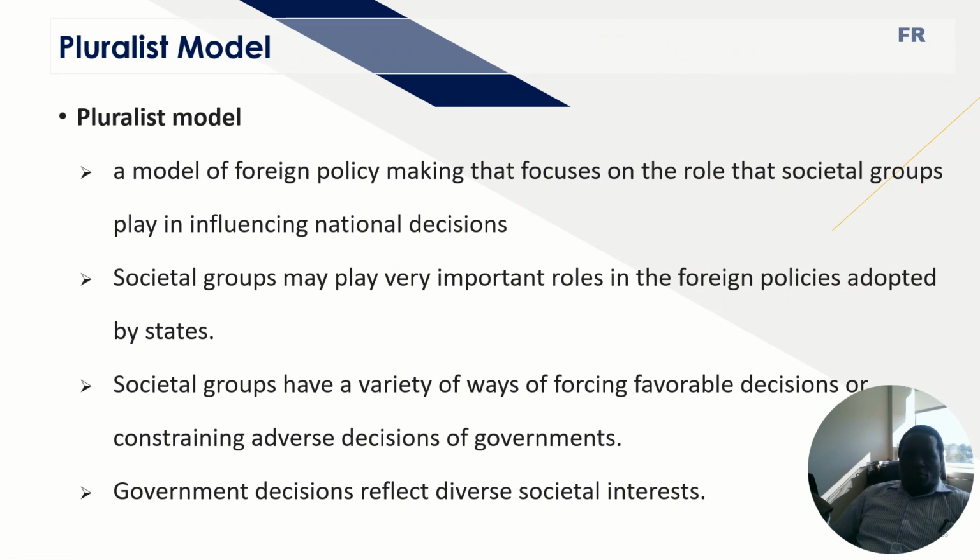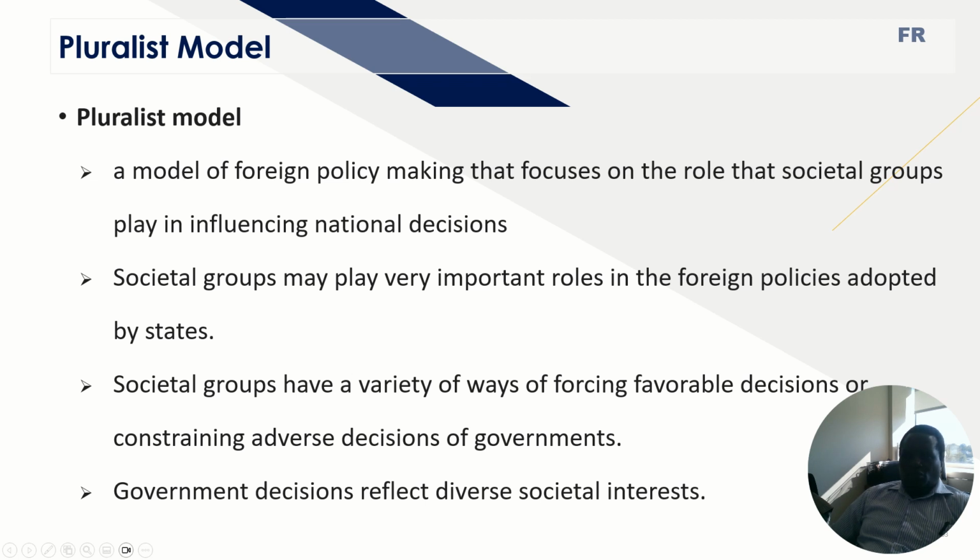The pluralist model is one that takes the role of societal groups in influencing national decisions, and these play very important roles for the policies that are adopted by states.